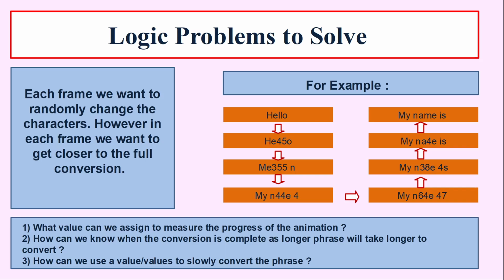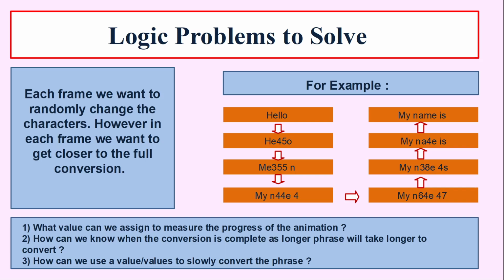Longer phrases will take longer to convert. If it's just one or two characters, it will convert quite quickly. However, if it's a longer phrase, it's going to take longer to convert. So we need a way of making sure that our code knows when it's fully converted.